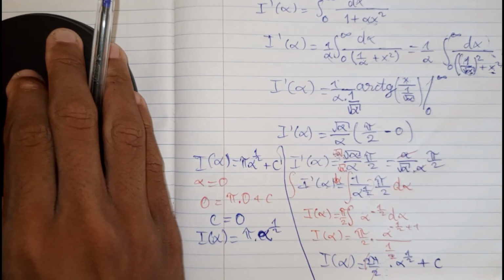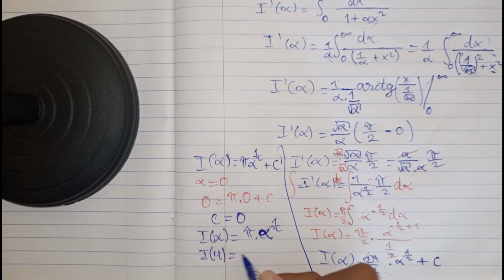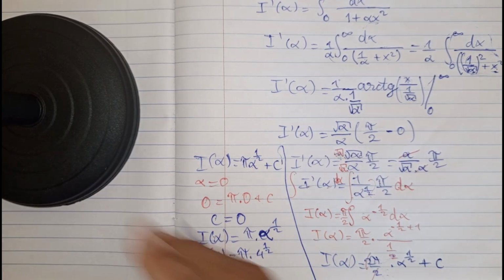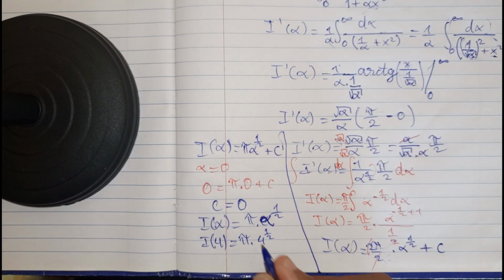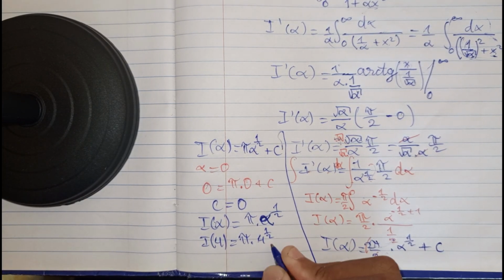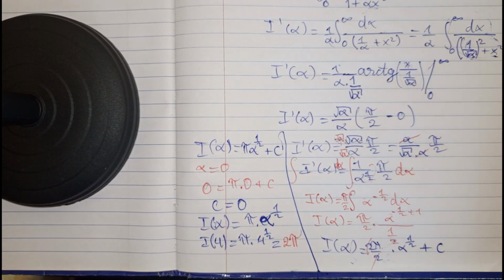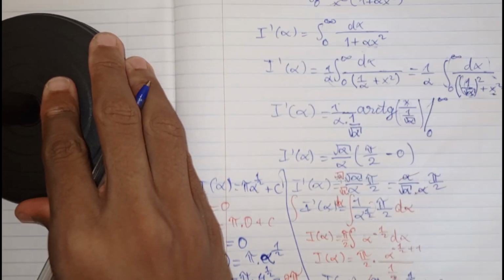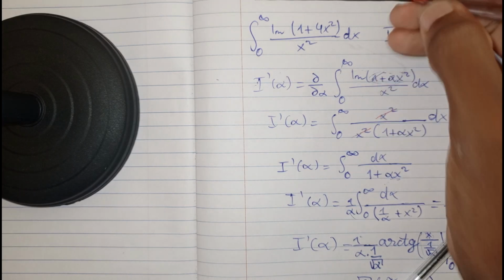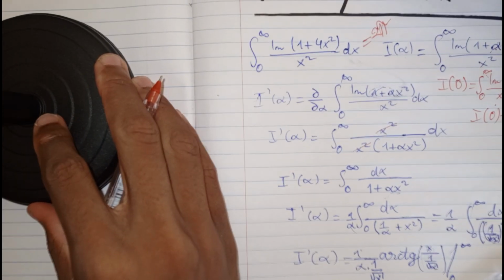So I of 4 is equal to pi times 4 to the power of 1 over 2. We know that the square root of 4 is 2, so we get 2 pi. So this integral is equal to 2 pi. And that's the end. Thanks for watching.